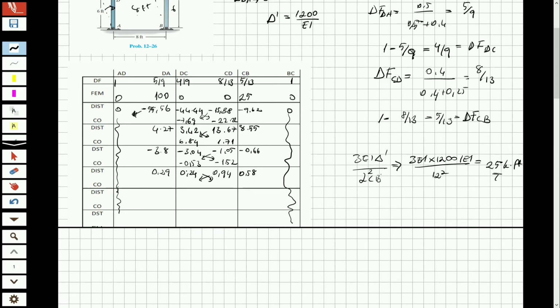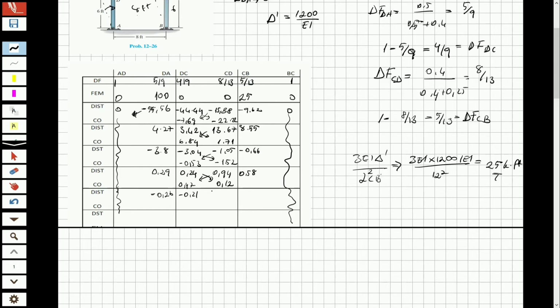When I made the carryover, it's going to be 0.47 and 0.12, and I'm going to, of course, share this for this distribution. I'm going to multiply with 5/9 and take the negative of that, and I'm going to obtain minus 0.26. Okay, and this will also be minus 0.21.